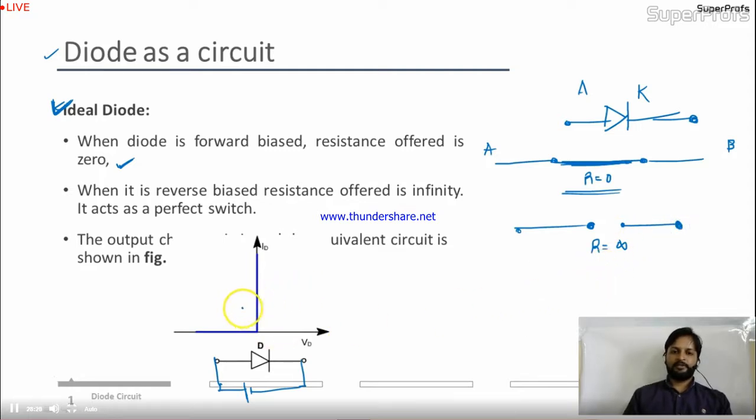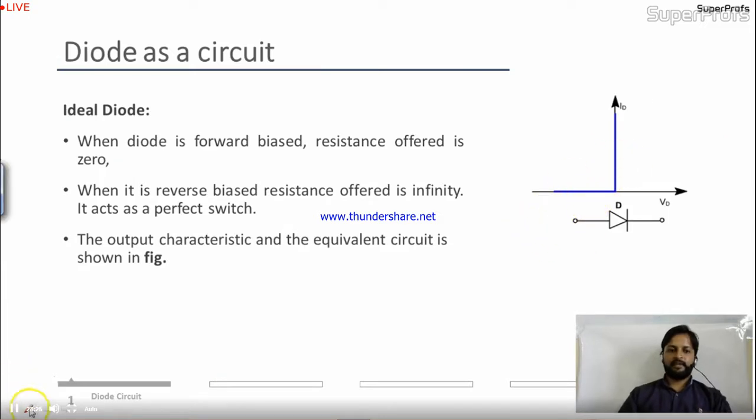Now come to the picture. Please observe this graph. This is the forward bias of the diode. When you apply the forward voltage in this region, this is the forward positive voltage, the current is infinite, meaning a very high current is there.